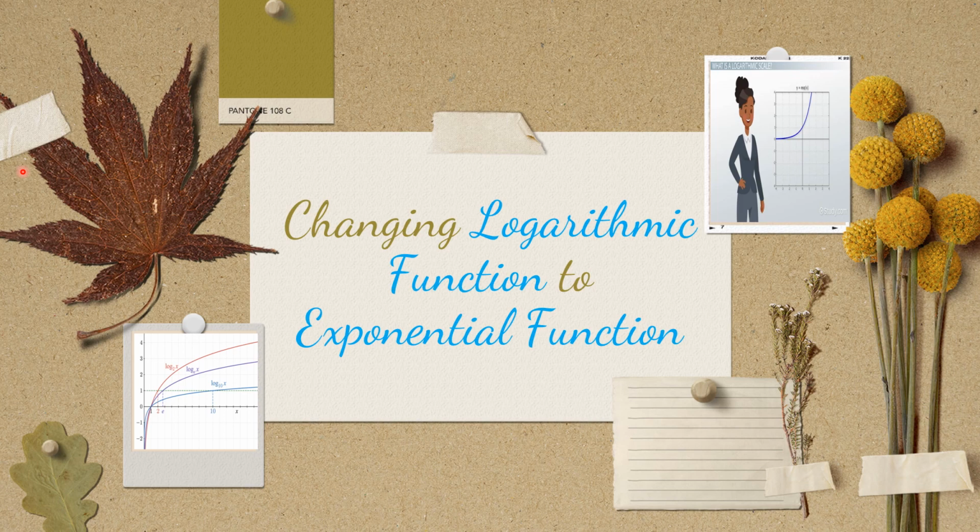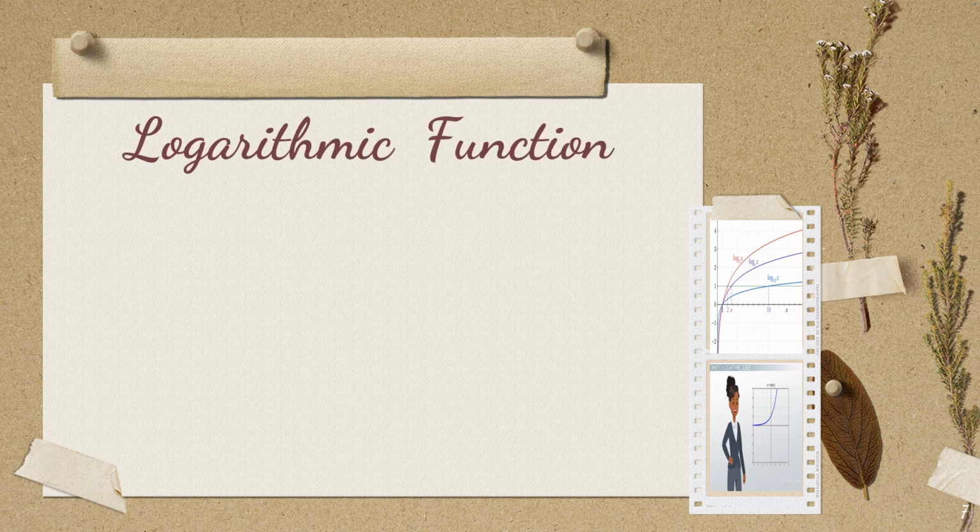How to change logarithmic function to exponential function? So let us identify in changing logarithmic function to exponential function. The logarithmic function, this is logarithm of y to the base a equals x.